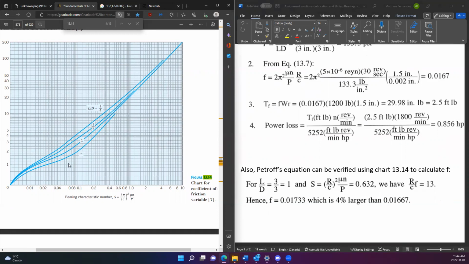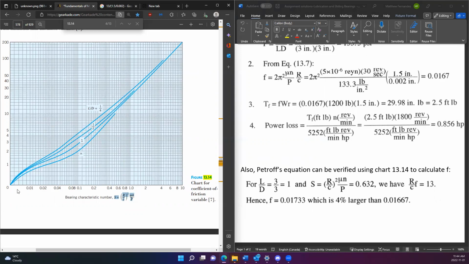We have 1 here, so that's the line. So you know it's going to be something around this line. Now you just have to figure out the x and y. You solve for S. You have R, C, mu, N and P. You put that in this equation and it pops out the S number, which in our case is 0.622.